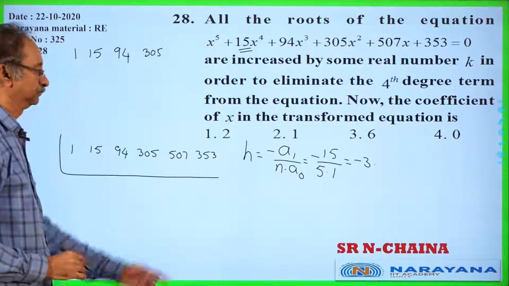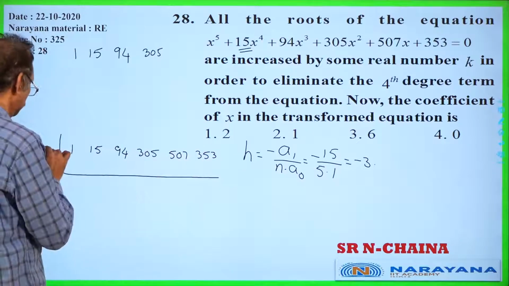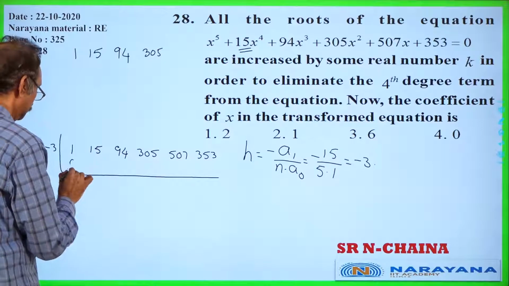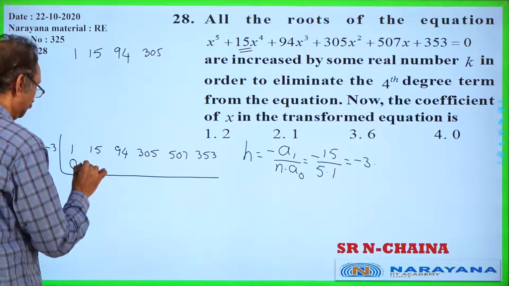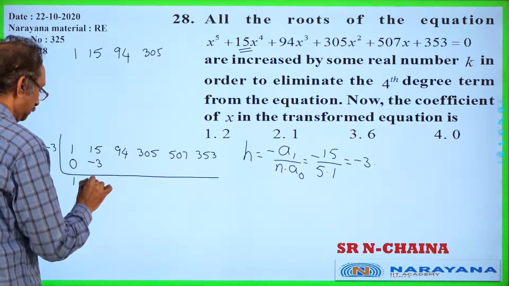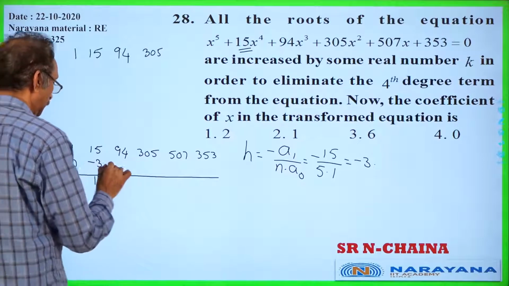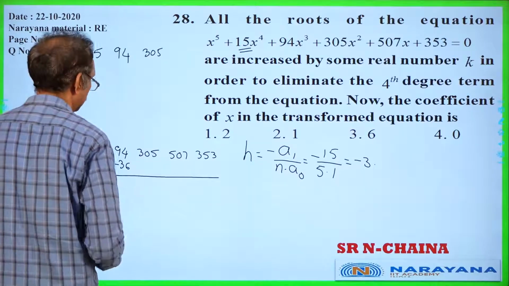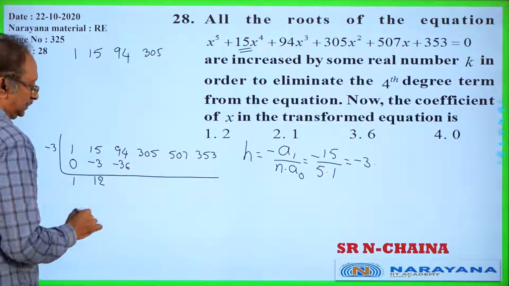This one, so diminished by minus 3. Write that minus 3 here. 0, 1, minus 3. What is this? 12 and minus 36.